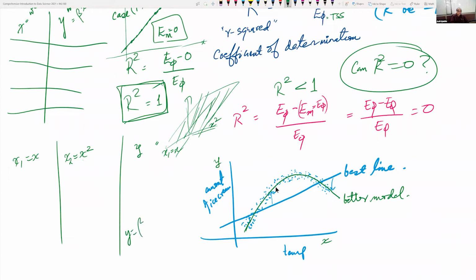Y is equal to beta naught plus beta 1 X1 plus beta 2 X2, which is the same as beta naught plus beta 1 X plus beta 2 X square. Now you say, why would that work? Well, it goes back to the fundamental theorem of algebra. So I'll tell you a trick. It's a pretty useful, neat trick.